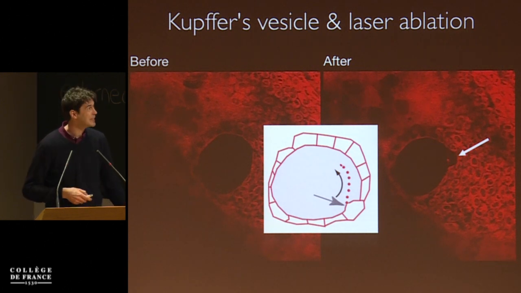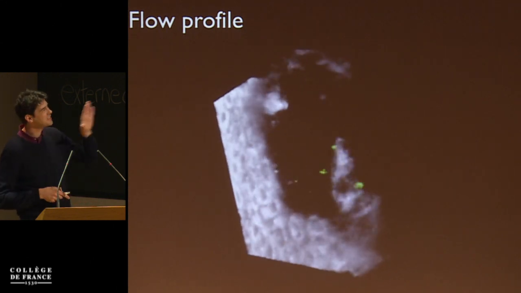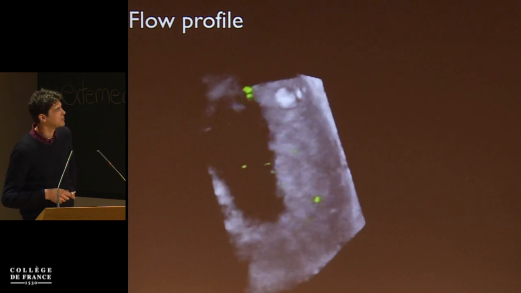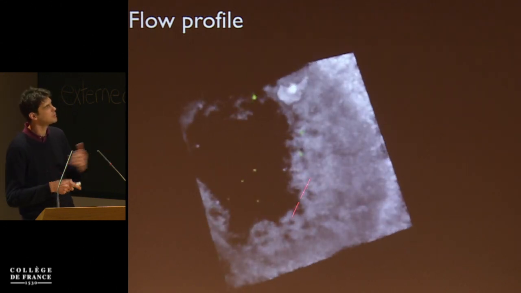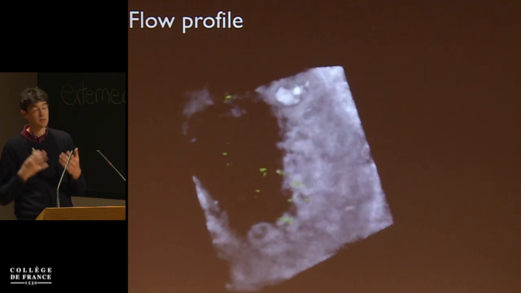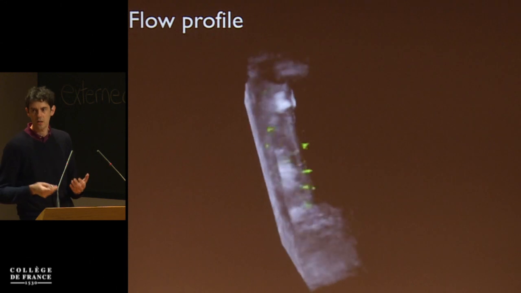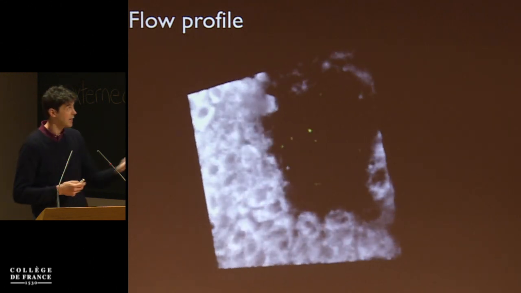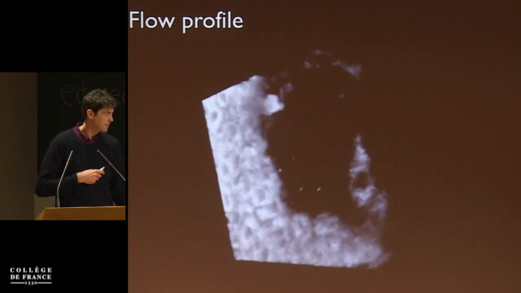And of course, we were lucky, and this is the result. This is a top view of the vesicle. We altered the color coding. The gray is the mesenchymal tissue, and the yellow are the fluorescent particles. The flow is slow enough that you can really get a volumetric acquisition while keeping the movement of the particles.